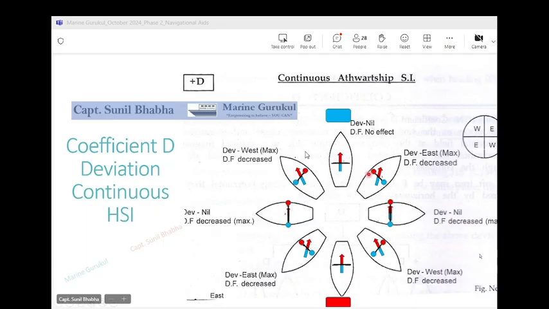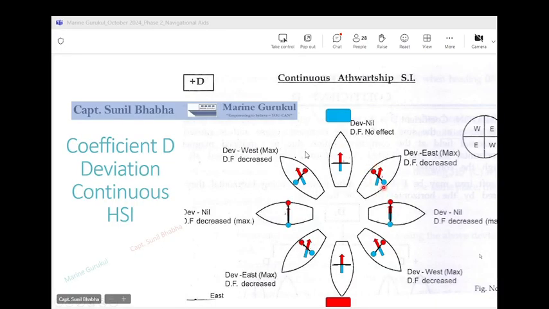The red pole which you see, which is on the port side of the ship, is towards the northwest of the compass needle. And this red pole repels the red pole of our compass needle, thus generating an easterly deviation.